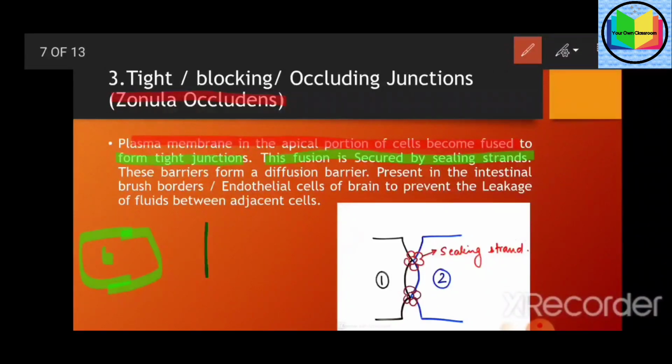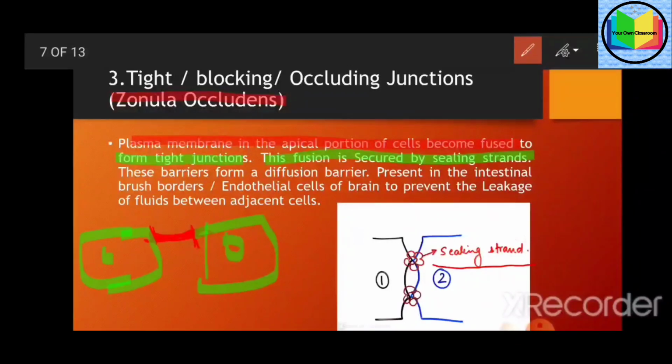Suppose these are two epithelial cells, and the plasma membrane in the apical portion of these two cells fuses, and this fusion is secured by proteins called sealing strands. These form diffusion barriers, which means tight junctions between two cells do not allow any fluid to leak between the cells.